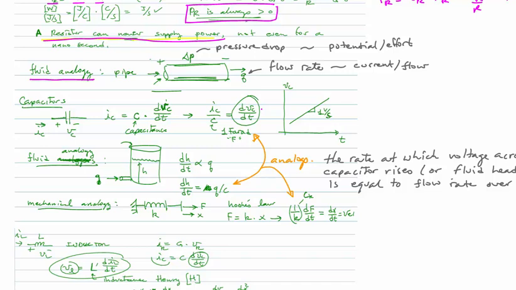The lower the resistance of the pipe, the more gallons per minute or cubic feet per minute or kilograms per minute, whatever the flow rate is, I would get, okay? And so that's very analogous to a resistance.